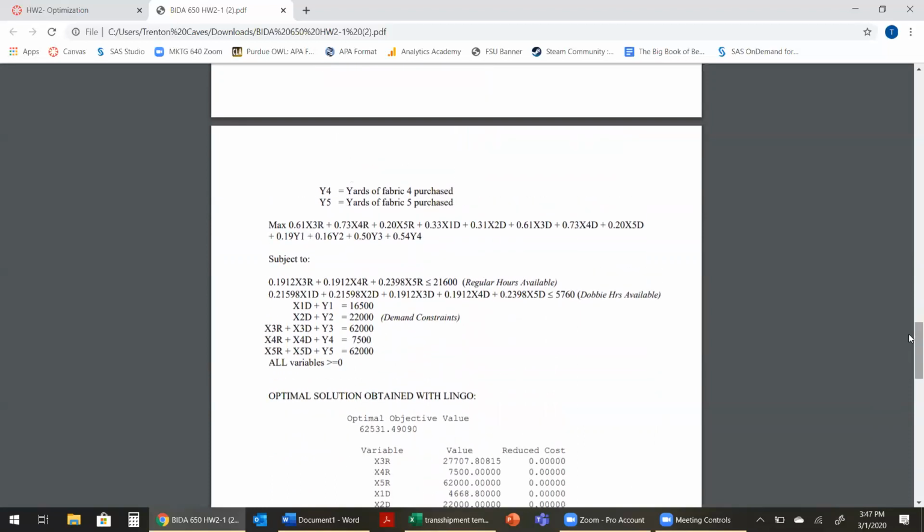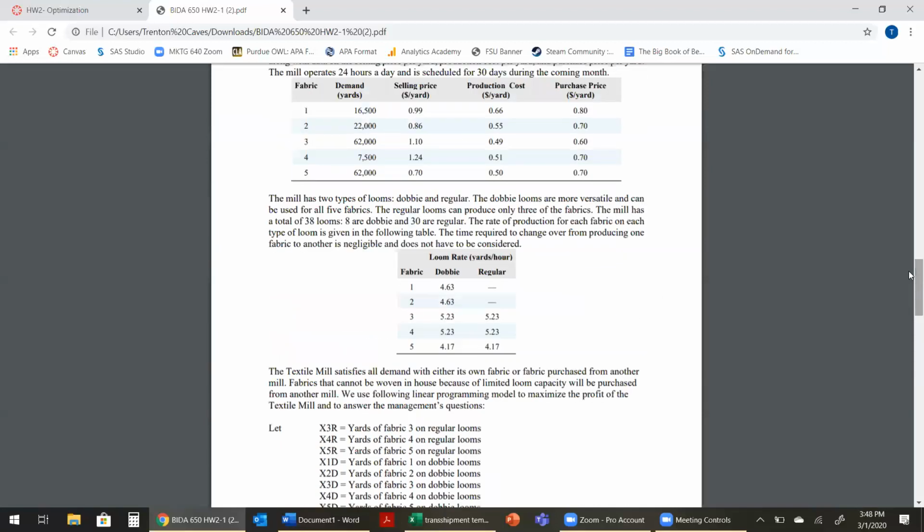In our constraints, we're told how many hours we have available for each of our machines. So the 0.1912 X3R, that is the regular yards per hour.